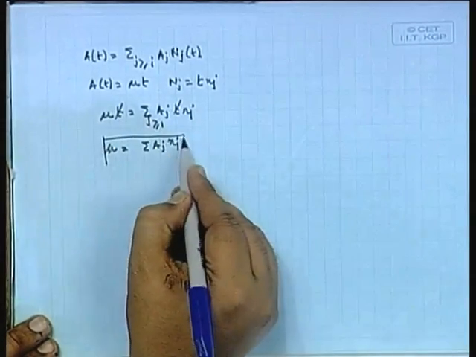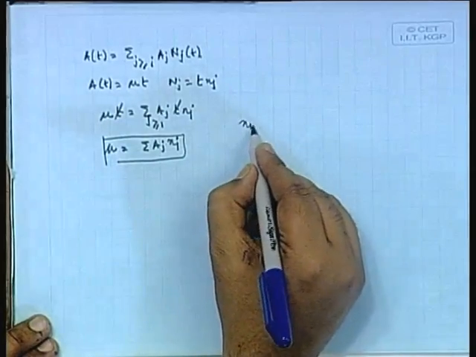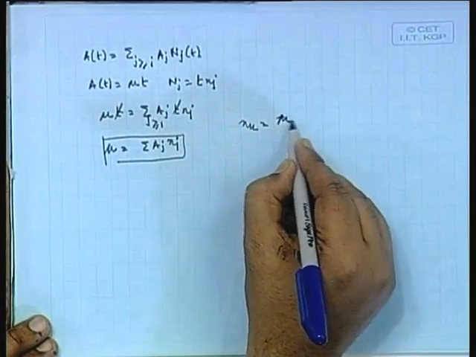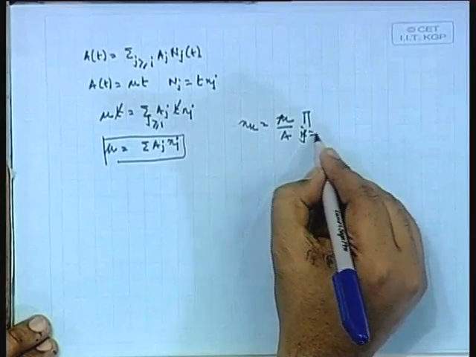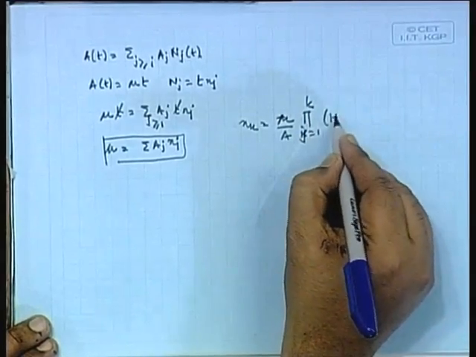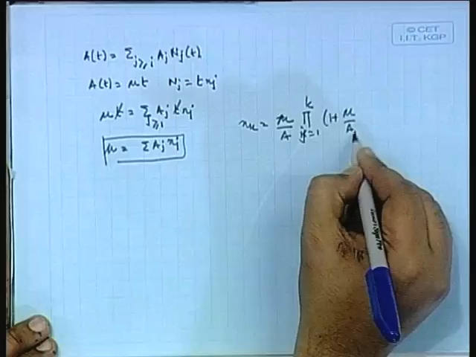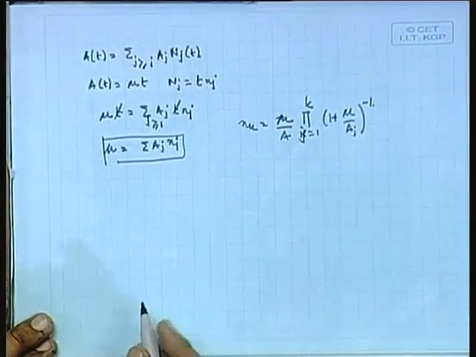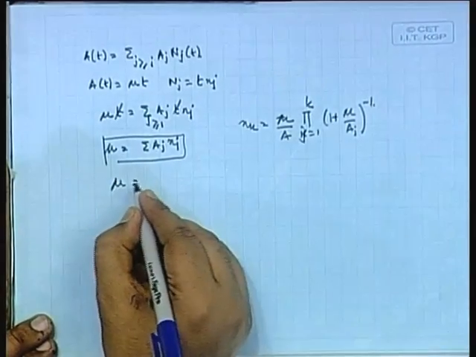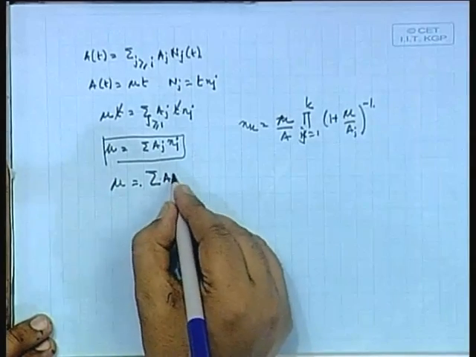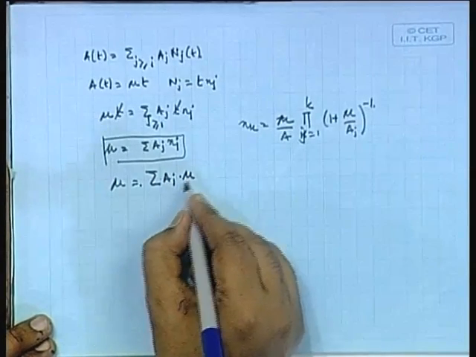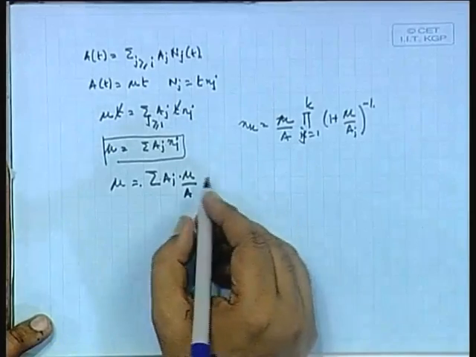And what is n_j or n_k? I have written it as mu by A_j, product j equal to 1 to k, 1 plus mu A_j to the power minus 1. So, then mu is equal to summation A_j, mu by A_j.